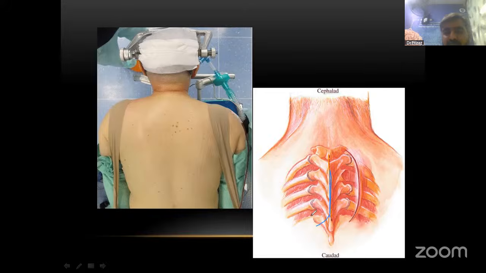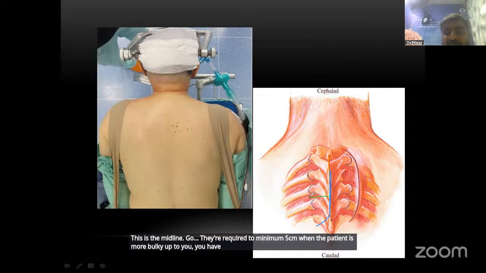This is the midline; it is a minimum of 5 centimeters. When the patient is more bulky, you have to go 7 centimeters lateral from the midline.